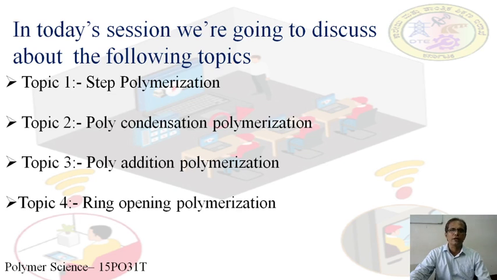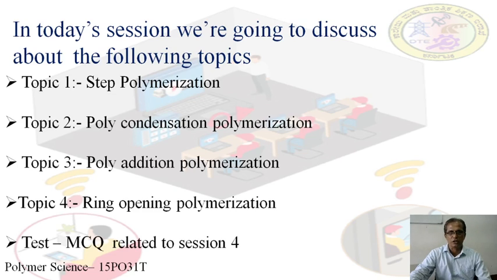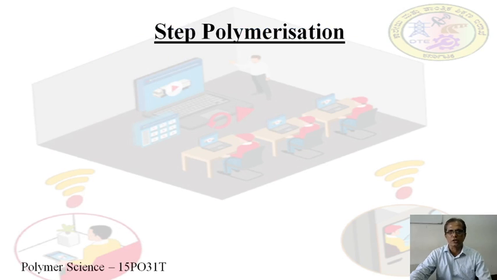These are four different types of polymerization reactions which are useful to produce a number of polymers. At the end of this session, we'll have multiple choice questions related to today's session.